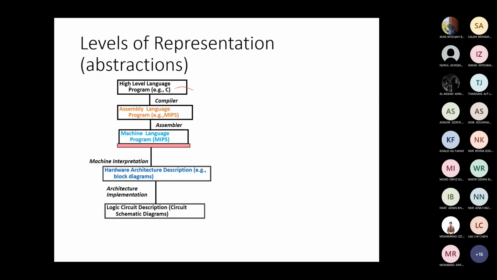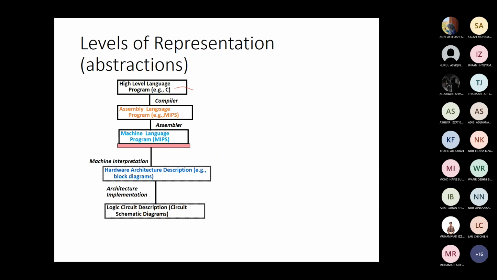You load your programs into the IDE, and within the IDE there is a compiler: a C compiler, a Java compiler, and other language compilers. Each language has its own compiler. These compilers change the program into an object module, in this case an assembly language program, for example MIPS.